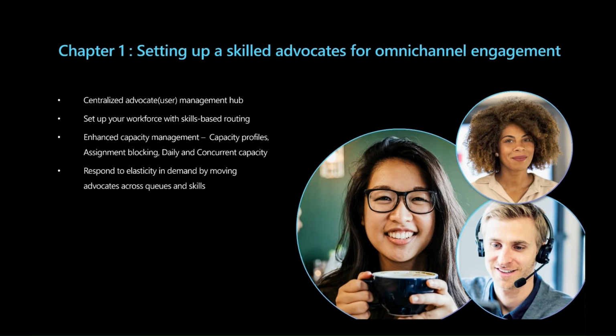The admin at Contoso Health can set up and manage their workforce from a centralized user management hub. Admins can assign appropriate skills and proficiencies to agents. Additional enhanced capacity management features such as capacity profiles and assignment blocking can enable effective optimization, and admins can also swiftly respond to elasticity in demand by moving agents across queues and skills.